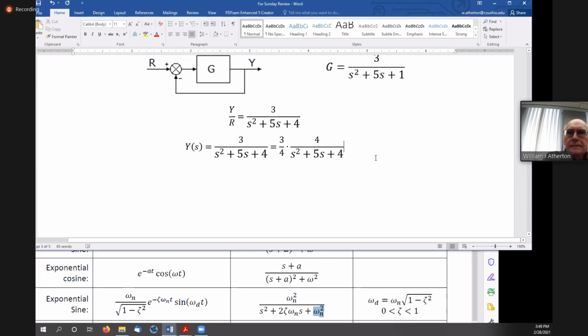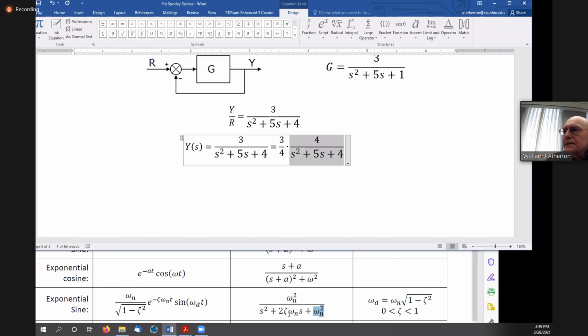Okay, does everybody buy that? So I pull out a multiplying factor of 3/4, and now this equation exactly matches this form down here. So I know that omega sub n squared is 4, so omega sub n must be 2. All right. So I've got 2 zeta times 2. I got 4 zeta is equal to 5. So zeta must be 4/5.